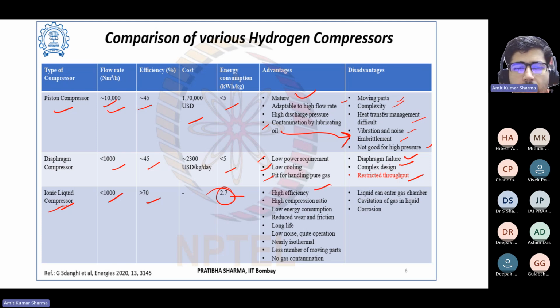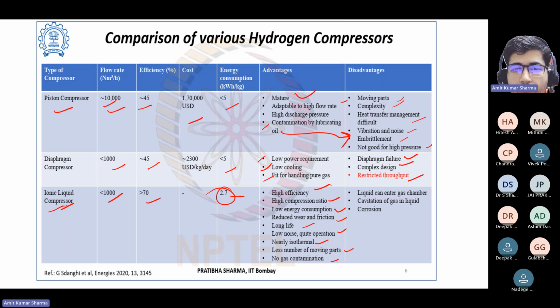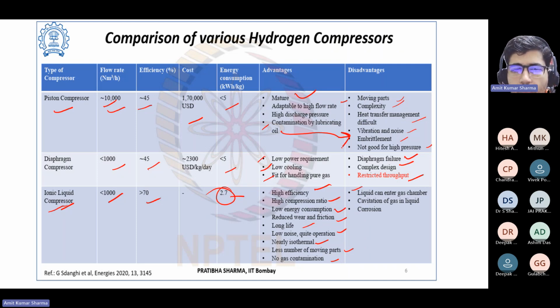Advantages: high efficiency, high compression ratio, low energy consumption, reduced wear and friction, long life, low noise, quiet operation, nearly isothermal, fewer moving parts, no gas contamination. But there are issues of liquid entering the gas chamber, cavitation of gas in liquid, and corrosion.